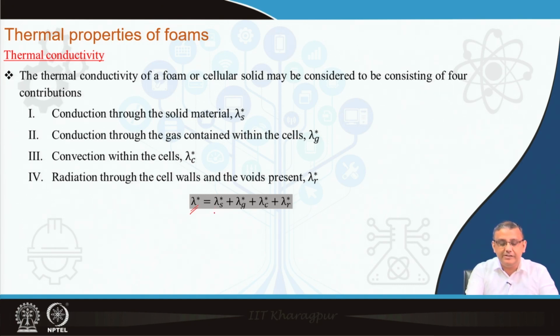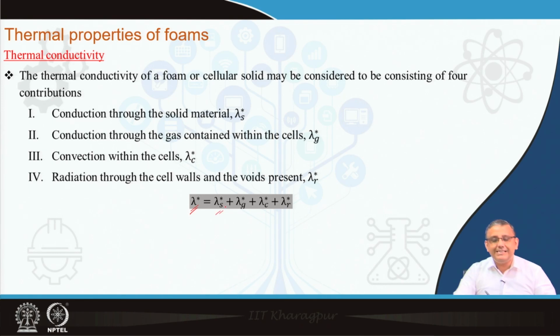The first contribution, lambda S star, comes from the solid material contained in the foam. That means if a foam is made of copper or aluminum, for example, the bulk metal, ceramic or polymer of which the foam is made contributes lambda S star.